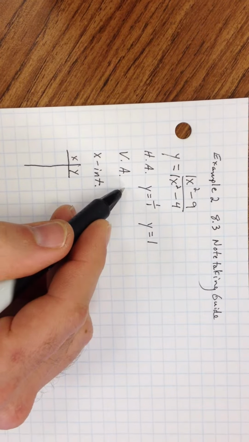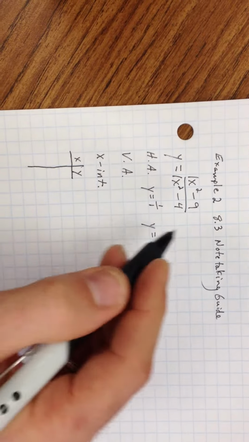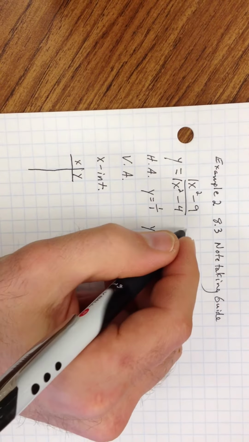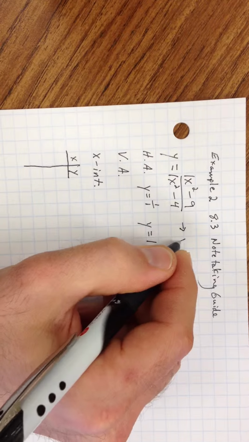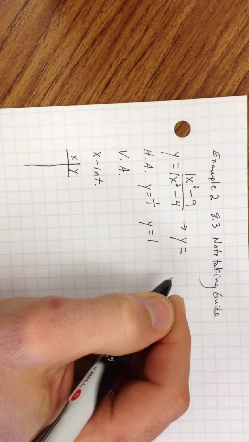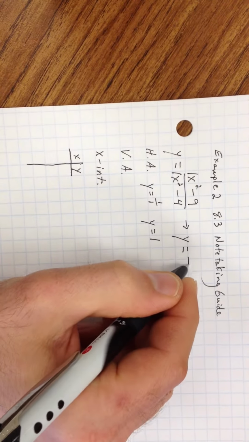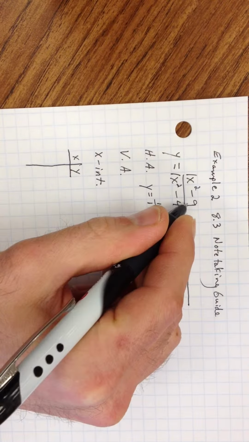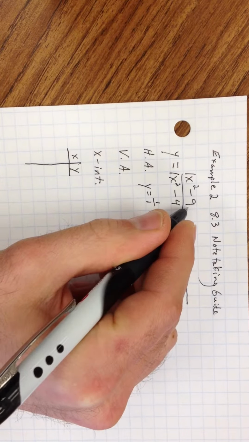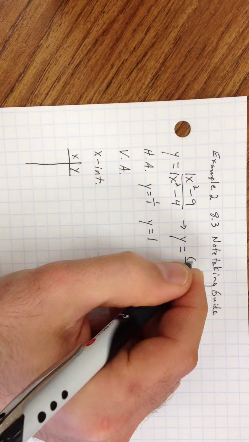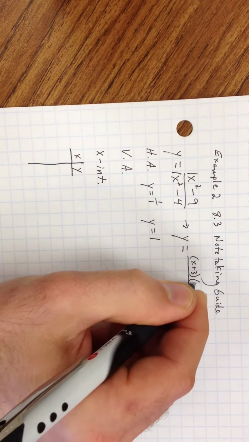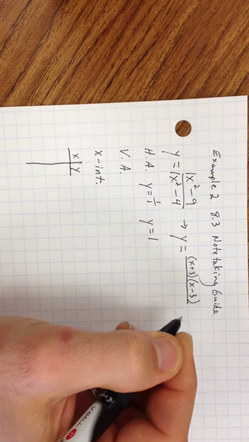The vertical asymptote, that's what's going to make the denominator 0. So what helps us here is to actually factor as much as possible in the function. If we look, the numerator, x squared minus 9, is a difference of squares, so that's x plus 3 times x minus 3.